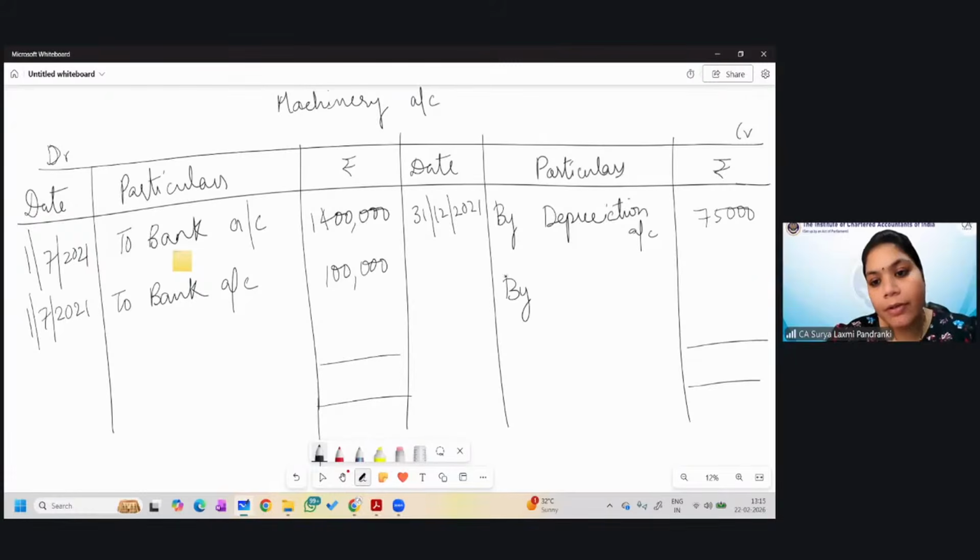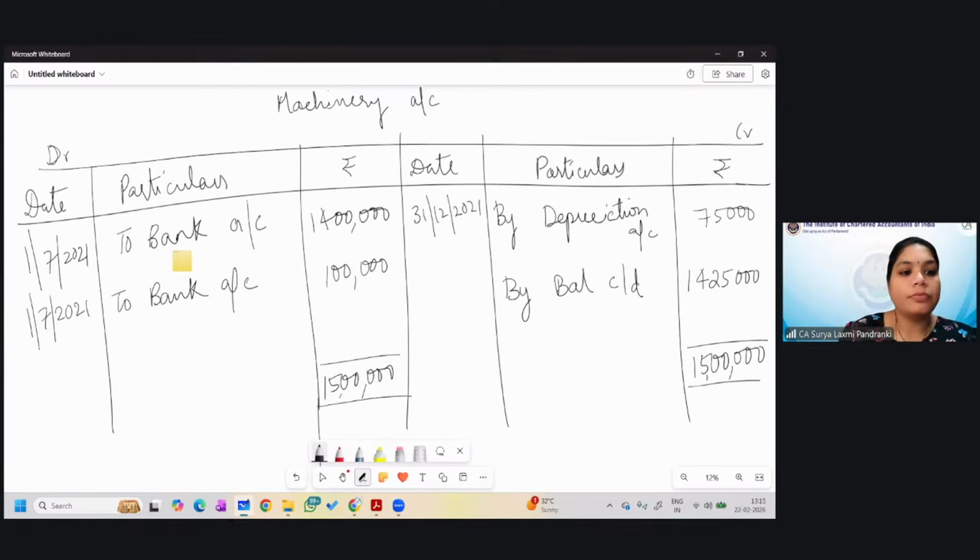What is the balancing figure? Okay, 14,25,000. Did everyone get this? I think almost everybody gave the same answer. Okay. Total is 15 lakhs. Done. So 2021 is done.